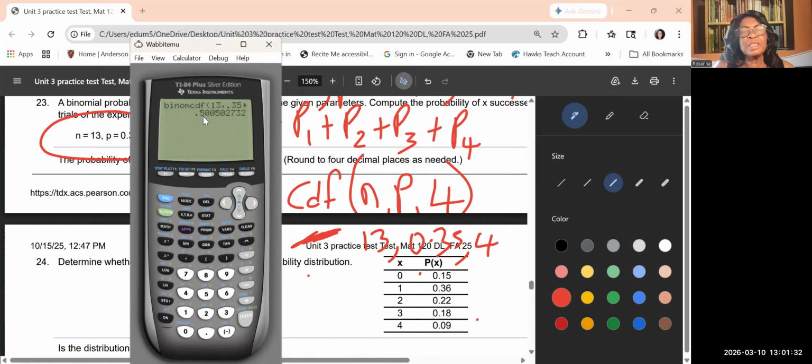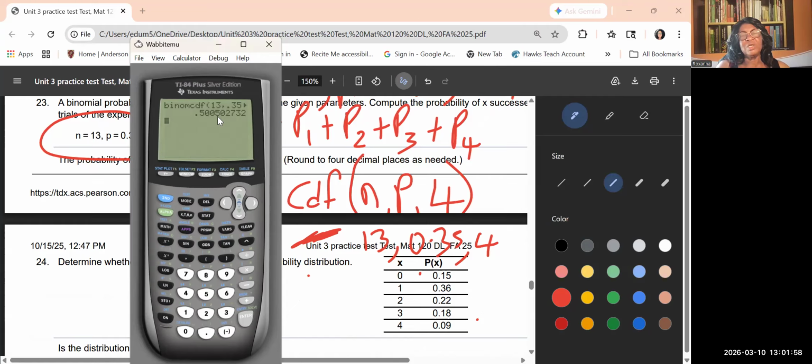It tells me that my answer to the nearest 4 decimal places is 0.5005. So the probability of at most 4 is 0.5005.